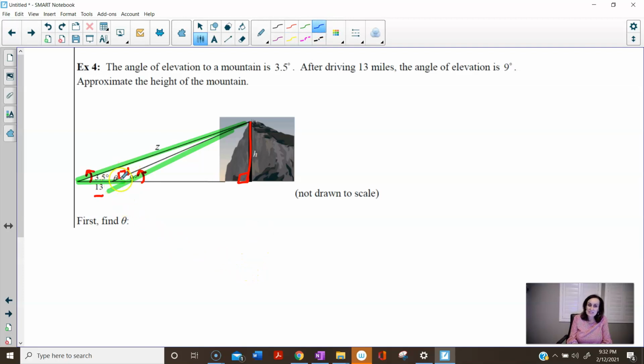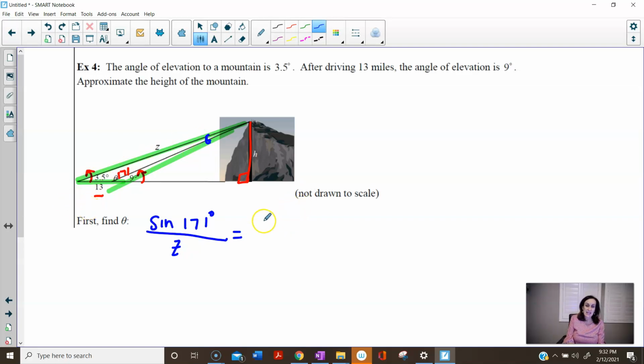So theta is 171. I would say the sine of 171 degrees over, and across from that is side Z, is equal to, and then I see this 13. So what if I use this angle up here, because I know that 13 is across from it.